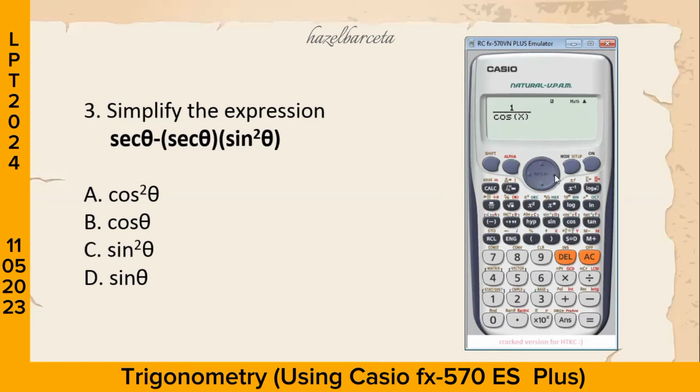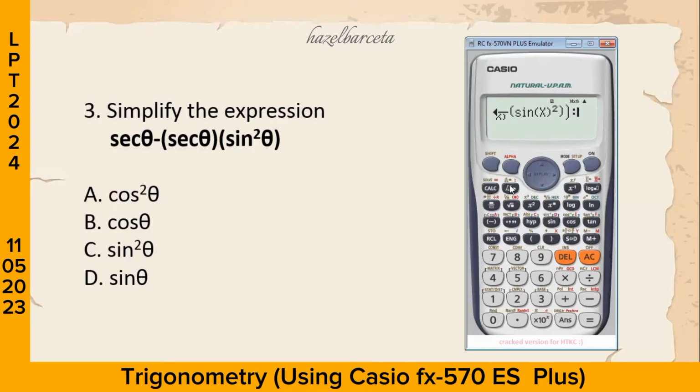So, let x be equal to theta. Minus secant ulit. So, 1 over cosine x. Then, times sine alpha x squared. Okay. Then, close parenthesis, another close parenthesis.